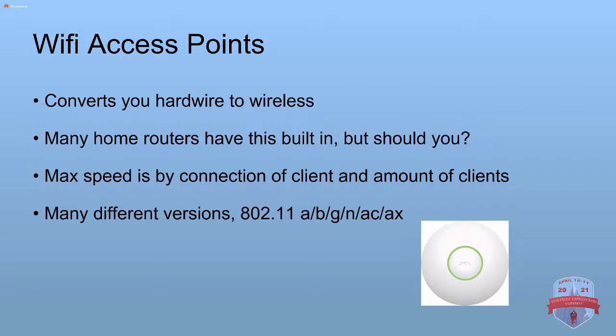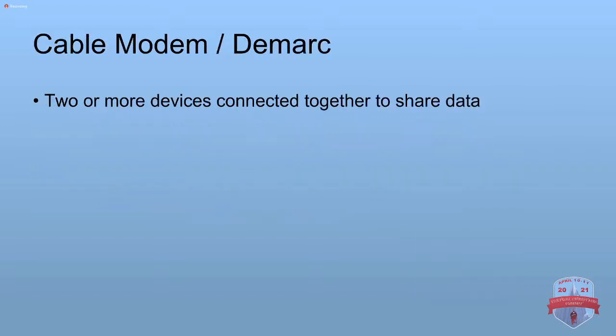So the other part of your network that most people don't think of, and it's usually built in, is your cable modem or your Demarc. I'm not going to talk too much about this, but if you look on your house, usually it's right outside. This is where the fiber comes up. This is where the coax comes in. Some routers have it built in.